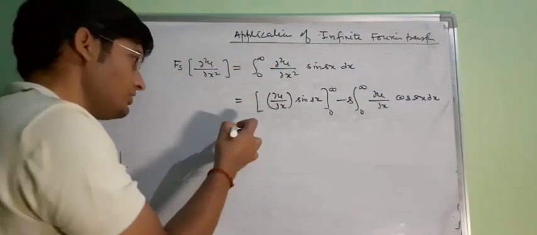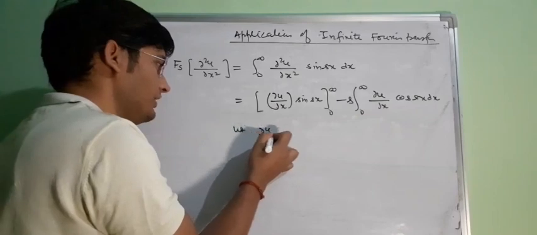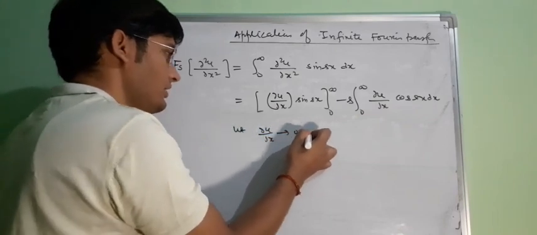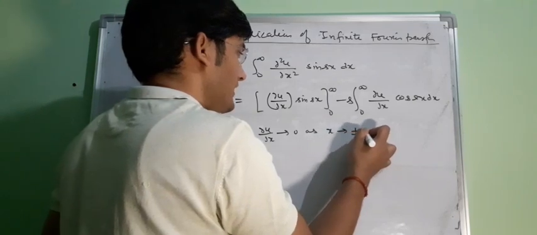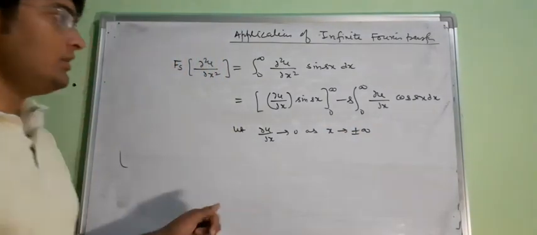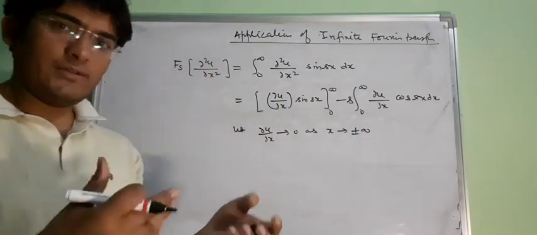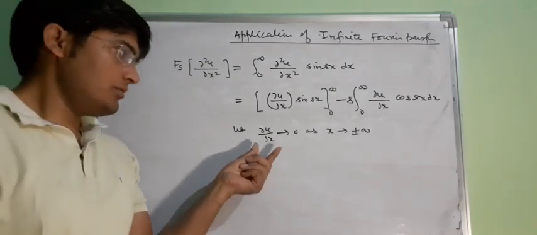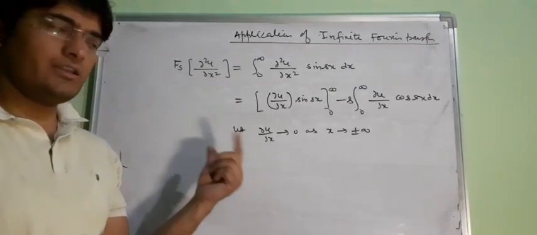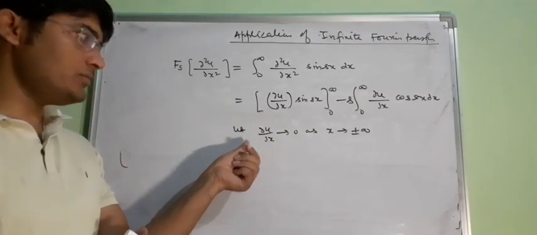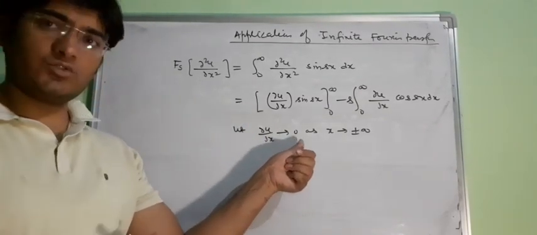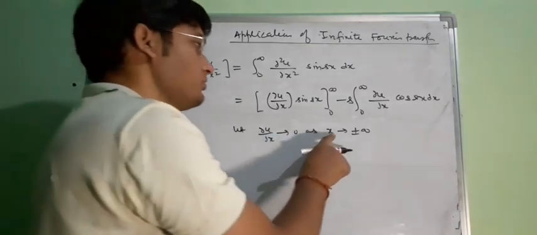Now let us assume that ∂u/∂x tends to 0 as x tends to plus infinity or minus infinity. You will see that in most cases, for most of the physical problems, ∂u/∂x tends to 0 for x tends to plus minus infinity.